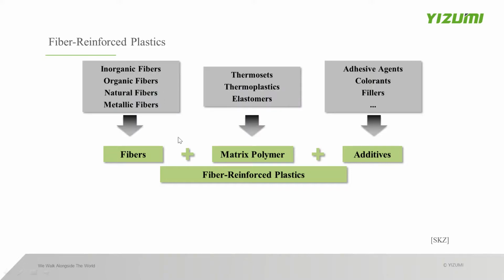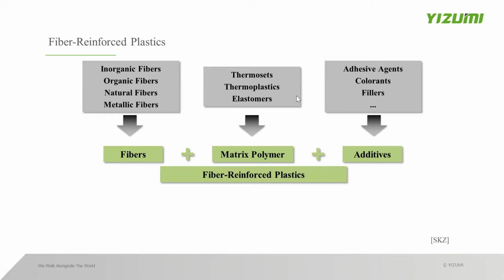Here for the fiber, what we can choose is organic fiber, inorganic fiber, natural fiber, and metal fiber. During this presentation, we are more focused on glass fiber, the inorganic fiber, and I will talk a little about carbon fiber.